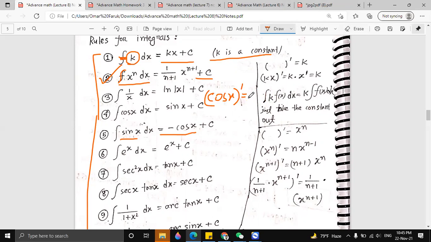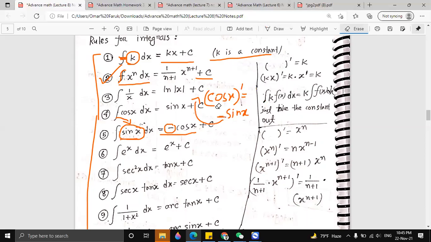But here we are calculating the integration of sin x, not the integration of minus sin x. That's why this sign becomes minus. Or you can just say that this minus goes to the opposite side with cos x.